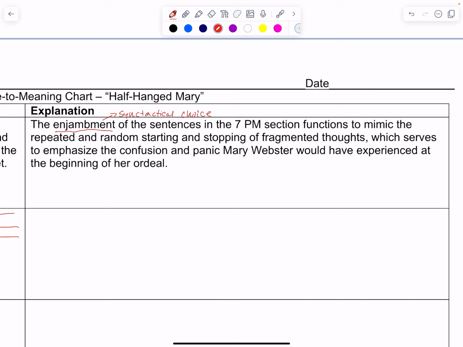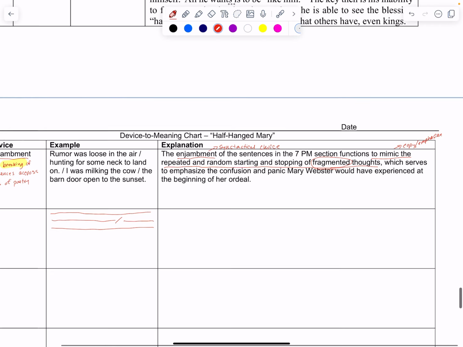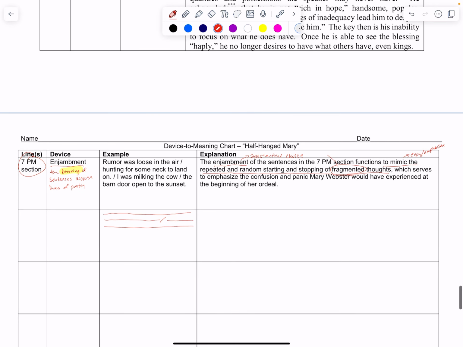Of the sentences in the 7 p.m. section functions to mimic or to copy or emphasize the repeated and random starting and stopping of fragmented thoughts. Fragmented thoughts means broken, okay? So we draw a line from fragmented thoughts here.